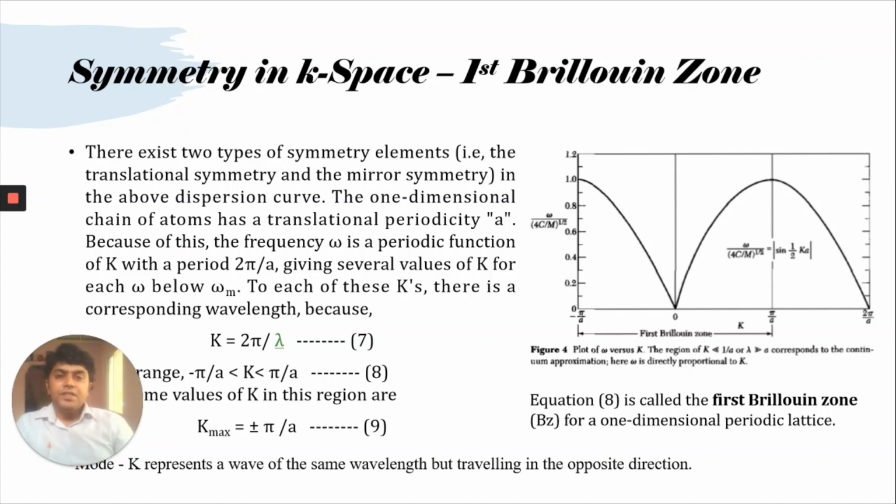The one-dimensional chain of atoms undergoes translational periodicity with a gap of a as the lattice parameter. With this we obtain a harmonic frequency omega with the same amplitude, where k has a period of 2 pi by a.